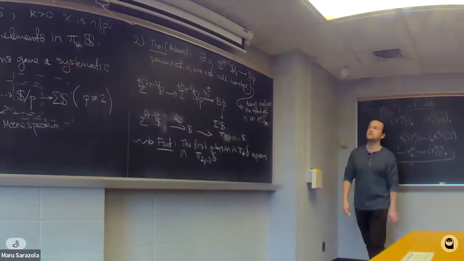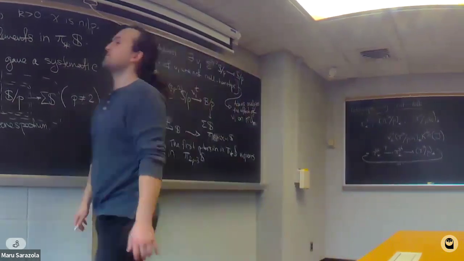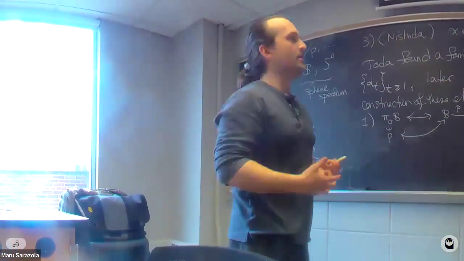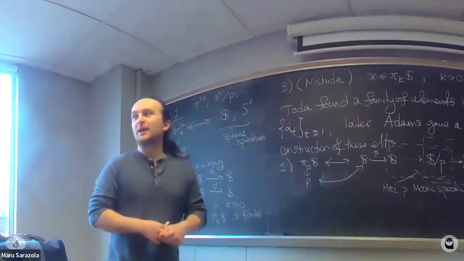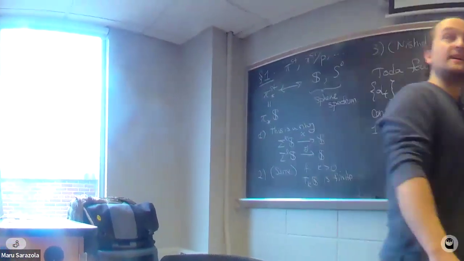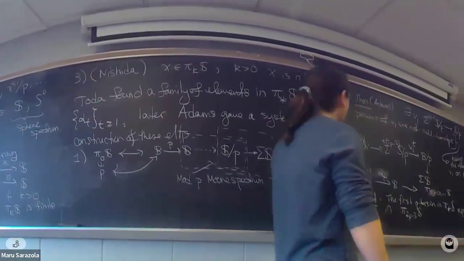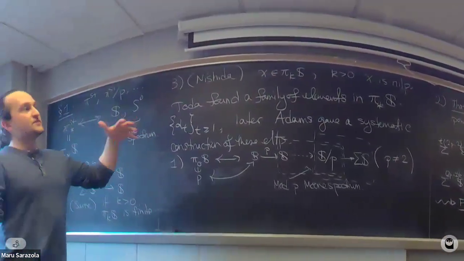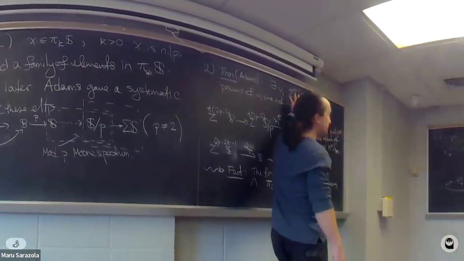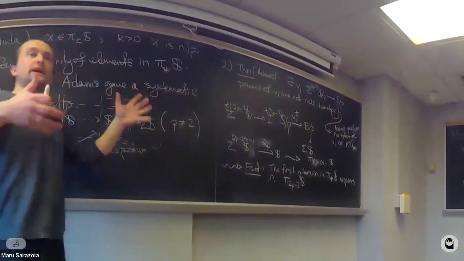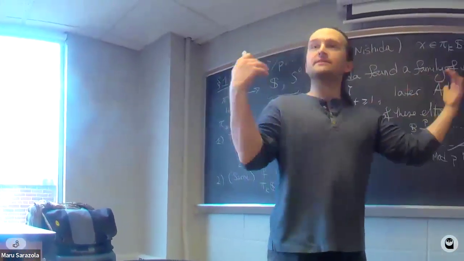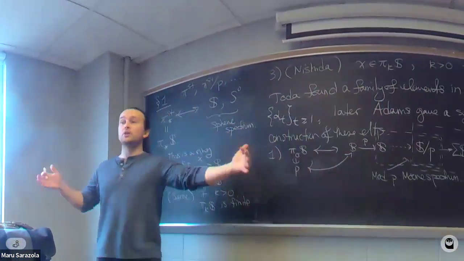And this is a way that we've now produced a family of elements in the stable homotopy groups of spheres. Okay, we produced a family, but I made a comment about this. Is this an interesting family? It turns out that this is an interesting family. In general, even if you produced some kind of funny endomorphism of one of these finite spectra, and you showed that that was not null homotopic, you'll still need to check that the composite that you get is not null homotopic.